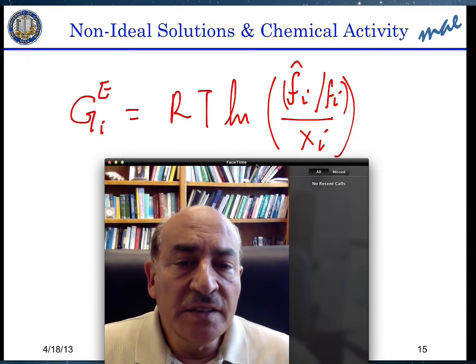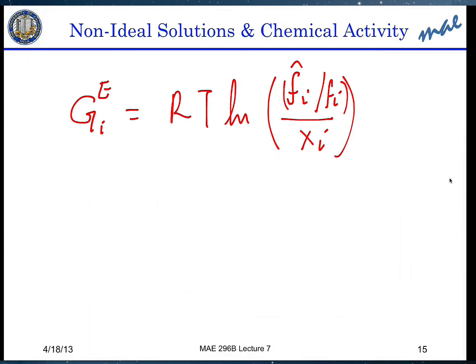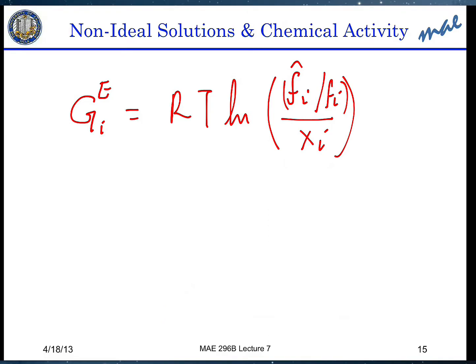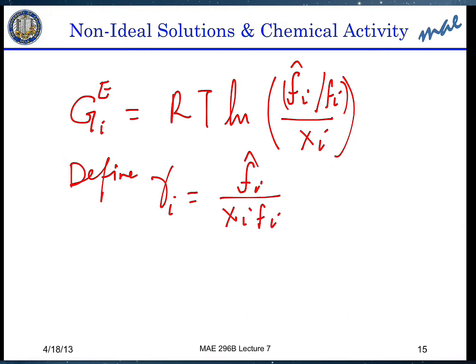So let me define it here. The activity coefficient, gamma sub i, is equal to f sub i hat divided by xi f sub i, and this is defined as the activity coefficient.